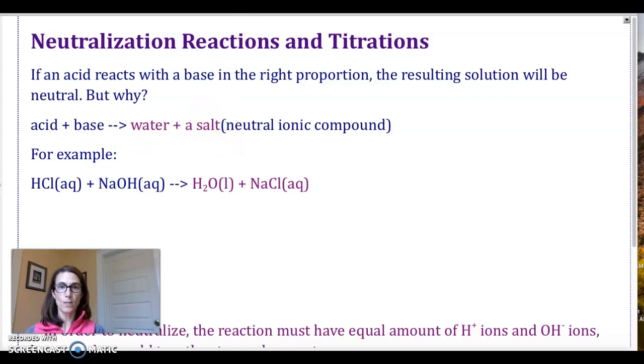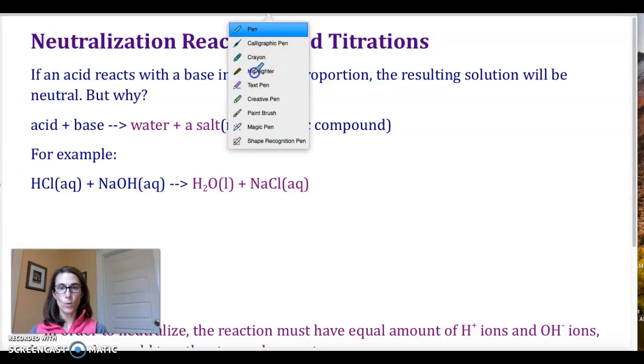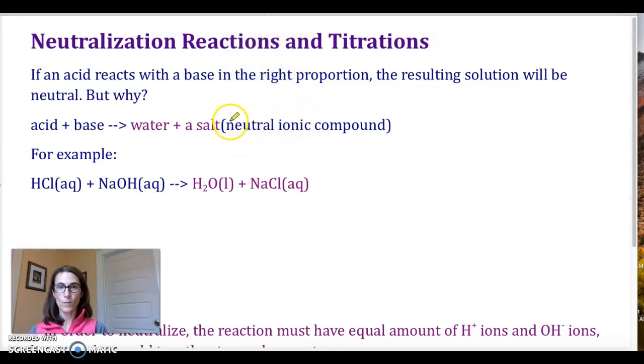A salt is just a fancy name for a neutral ionic compound. So if you have an ionic compound, NaCl for instance, and it's mixed in with water, what you end up with is a neutral solution. So it's neither acidic nor basic.